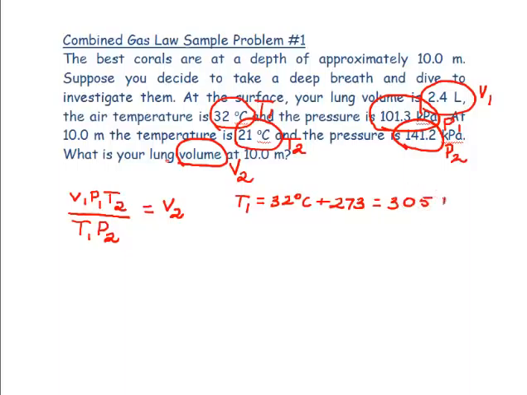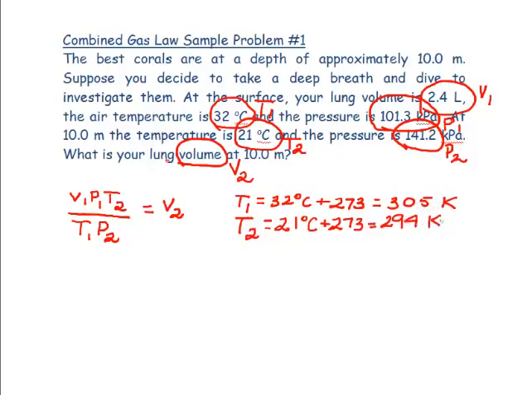That's T1. T2 is going to be 21 degrees Celsius plus 273, and that's going to be a temperature of 294 Kelvin.